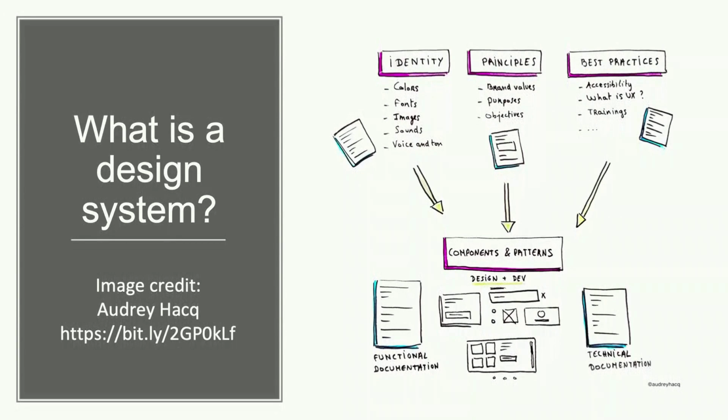Often it also includes some sort of best practice requirements, and this little diagram that I took off an article by Audrey Hacq, I think, H-A-C-Q, is awesome because under best practice you see the little dot point called accessibility. I see a lot of design system presentations talk about how creating a more consistent, predictable and accessible experience is what design systems help us to do.